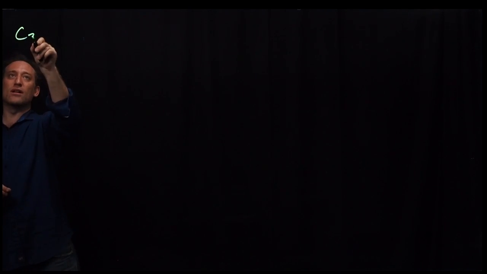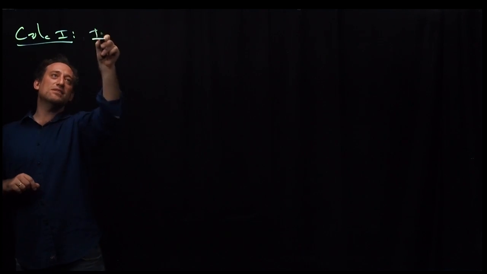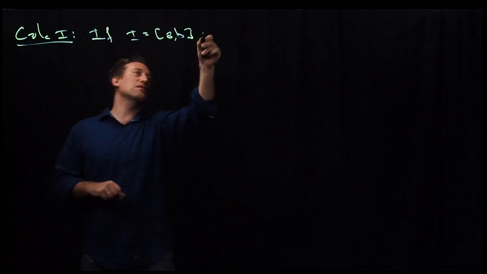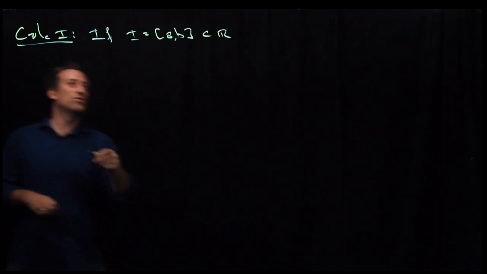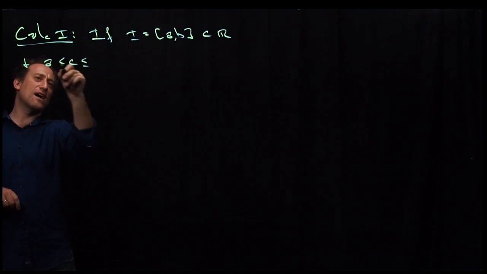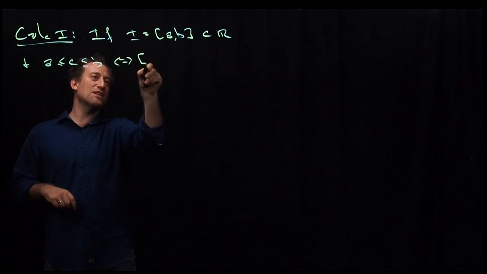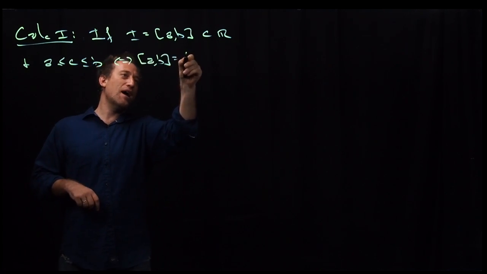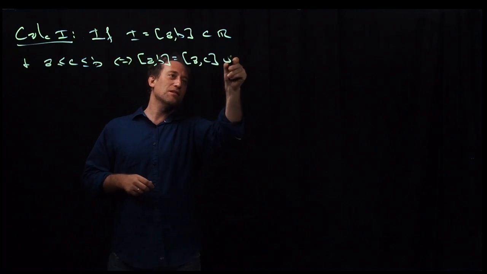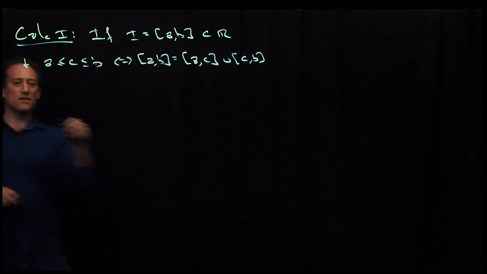Specifically, recall from good old-fashioned Calc 1 that if I have some interval AB that lies inside of the reals, and say C lies between A and B, then another way of writing this is that AB can be written as the union of the interval AC and CB.